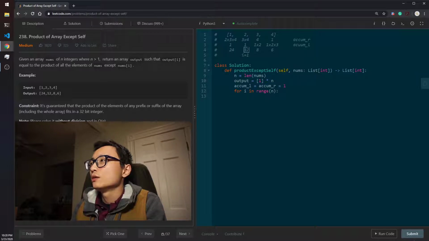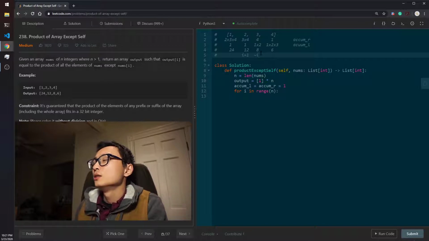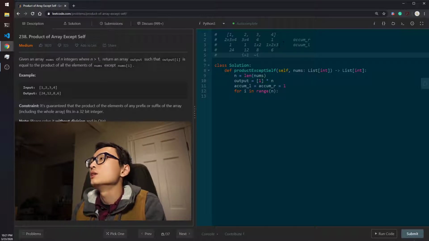What we will do at this particular location is multiply the output at this location by the accumulator from the left, and then for the negative i location, we will multiply the initial ones by the accumulated result from the right.